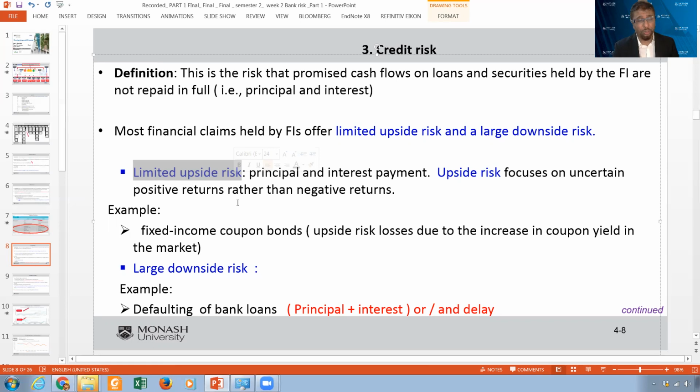You didn't lose on your investment, you still get the 5%, but the upside risk is that you are getting 5% while other people in the market are getting 7% or 8%.